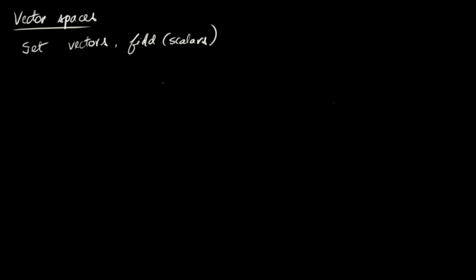Okay. And for any vector space, there are two basic operations that are defined. We always define two basic operations, which are, as you probably recall, vector addition and scalar multiplication.